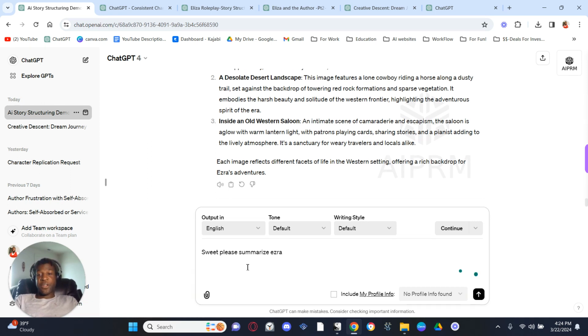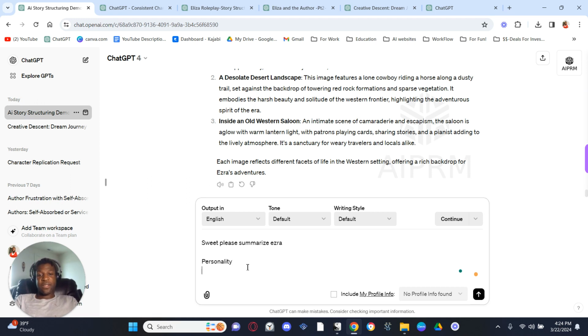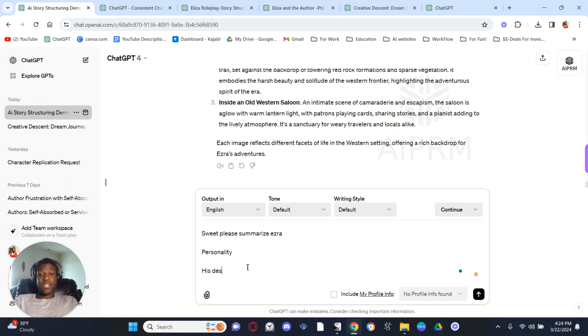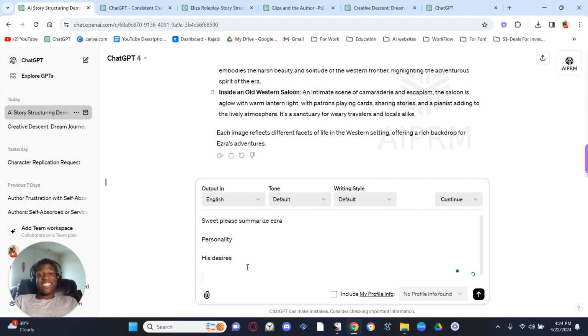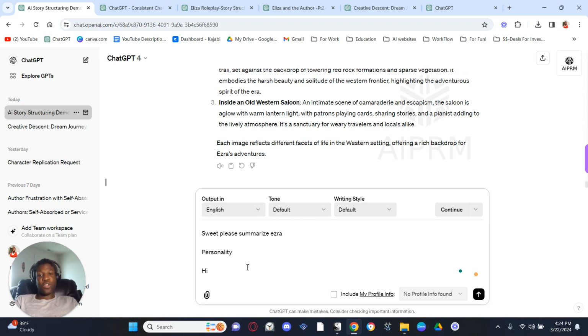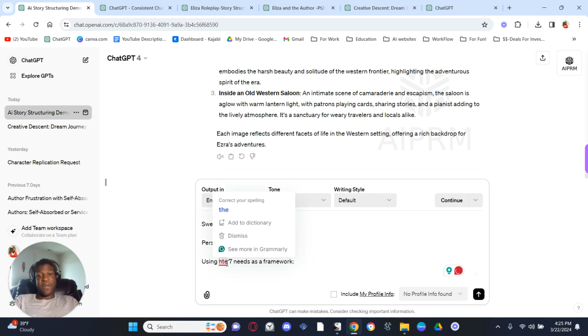I want to understand his personality, his desires, specifically his needs, because you have to function it on the core human needs, using the seven needs as a framework. This is important, and it's part of the Prolific method.